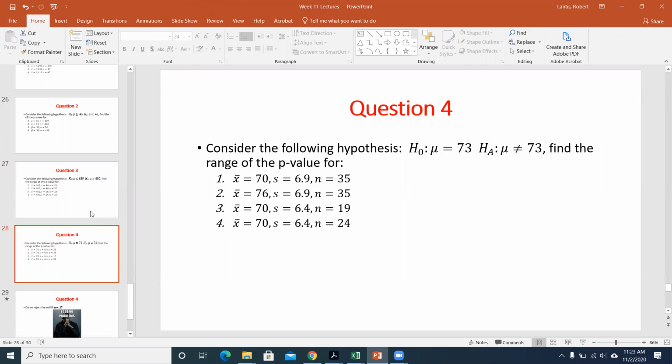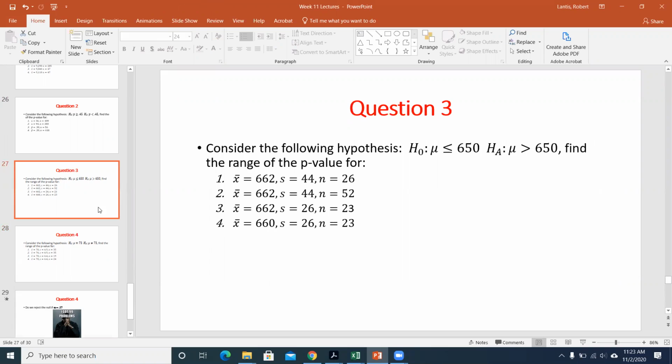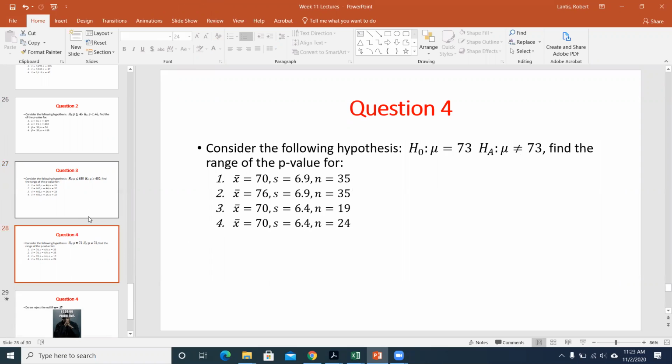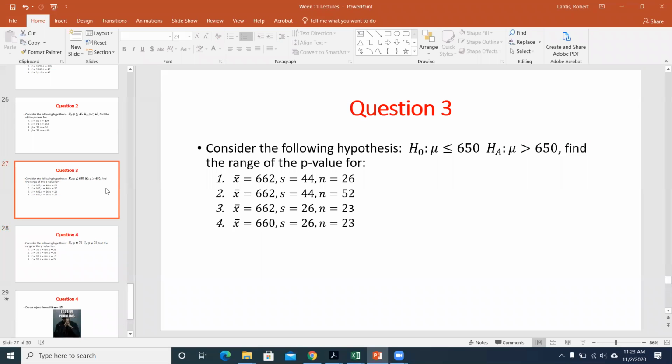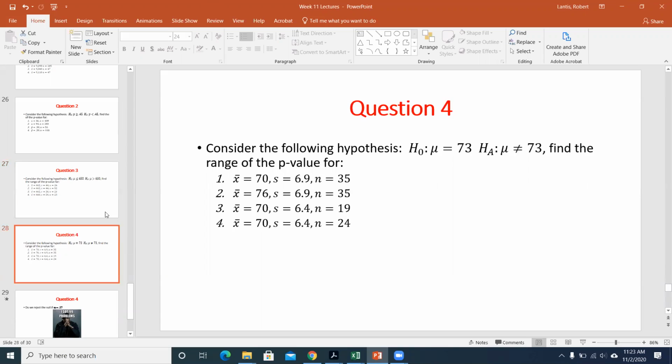Sample variances, which one do I want to do here? Which one do I like more? Let's do this one right here. But I'm going to change some things here just so we can prove something.